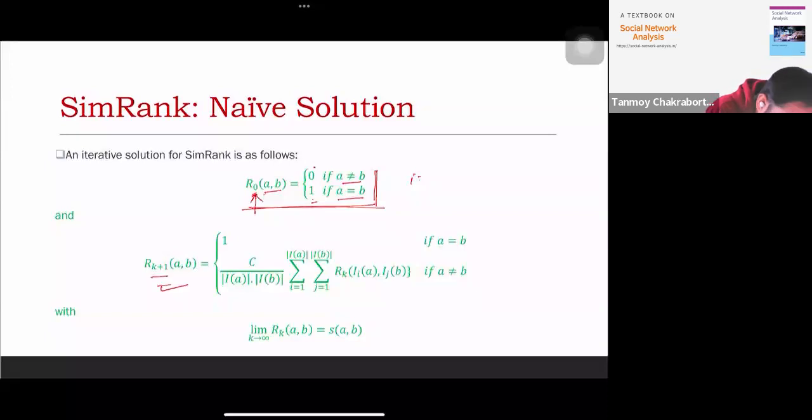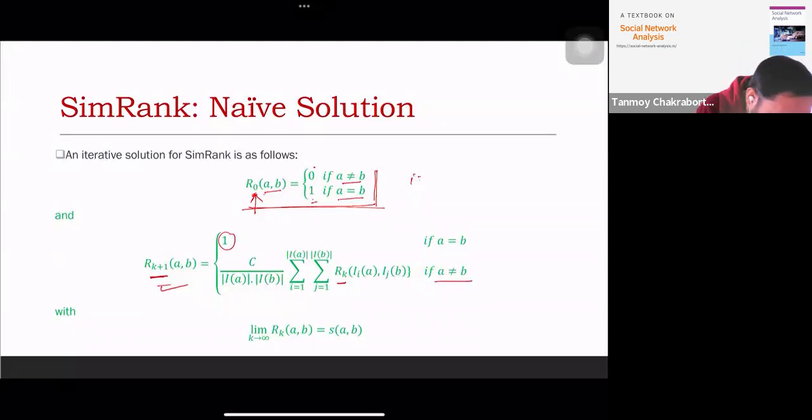Now at the k plus 1 stage, the SimRank of A and B at iteration k plus 1 is as follows. If A and B are the same, then we have 1. If A and B are different, then you basically take the similarity of their neighbors at the kth time.